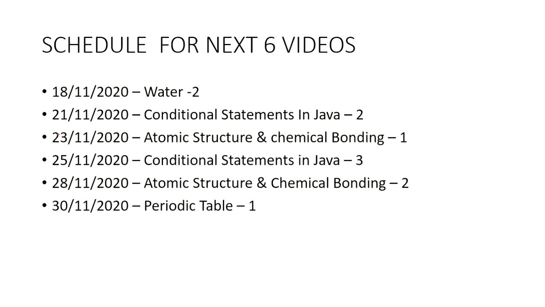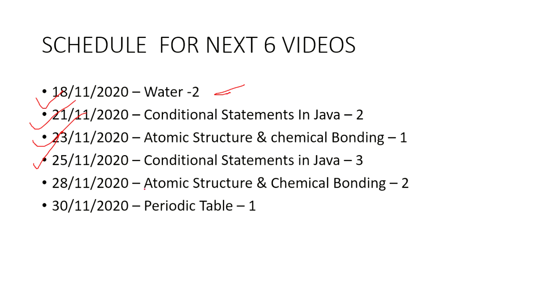And also I'm sharing the schedule for the next 6 videos. Today, on 18th, that is Wednesday, I will be taking water. On 21st I will be taking the second part of this chapter, and on 25th I will end the chapter. So next we have conditionals.